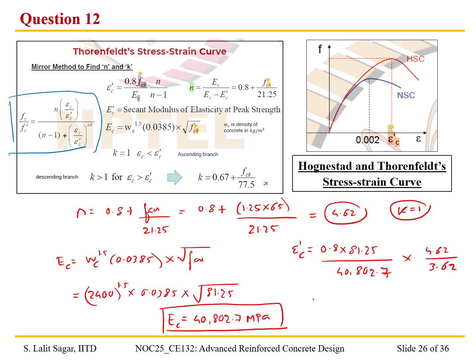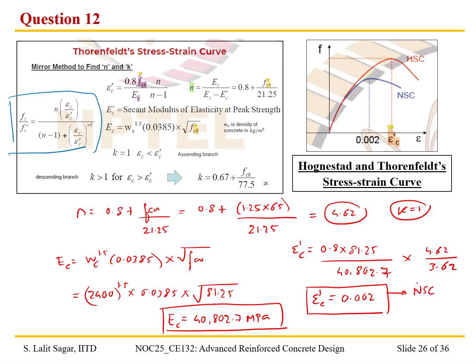I know that the calculations are a bit complicated, but just try to follow me so that we can solve the problem together. Upon simplifying, we get the value of epsilon prime c as 0.002. It is the same as the epsilon prime c which we assumed for the normal strength concrete.